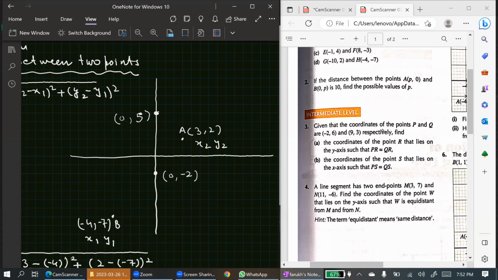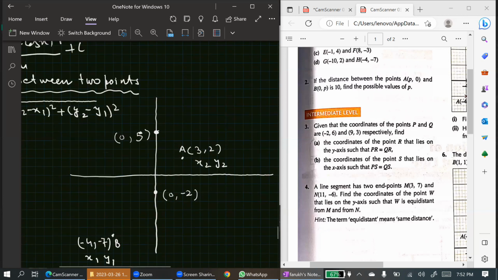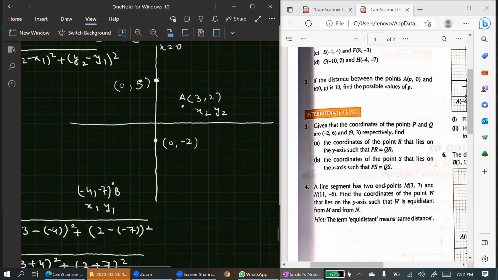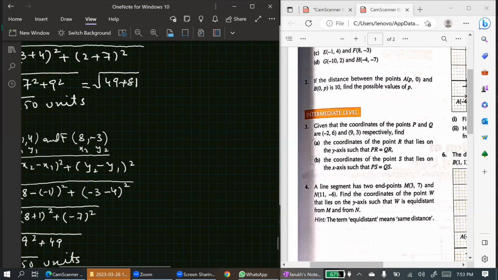Yes. All the points on the y-axis, the x coordinate is 0. And the equation of this y-axis is also x is equal to 0. All the x coordinates on this line are 0, and the equation of this line is also x is equal to 0.